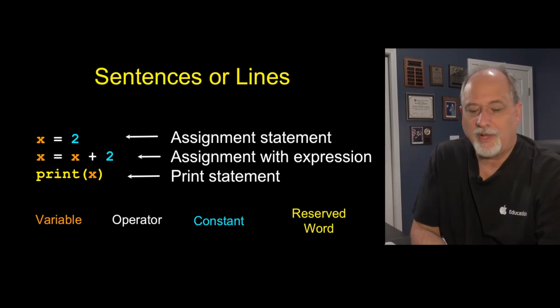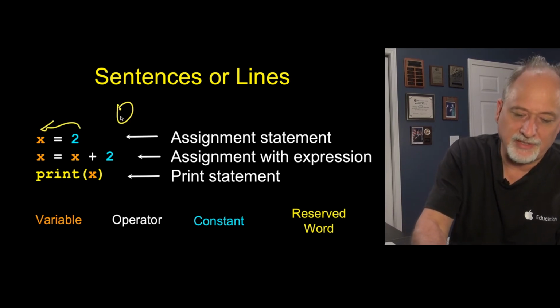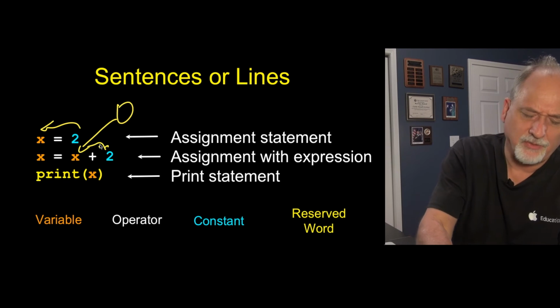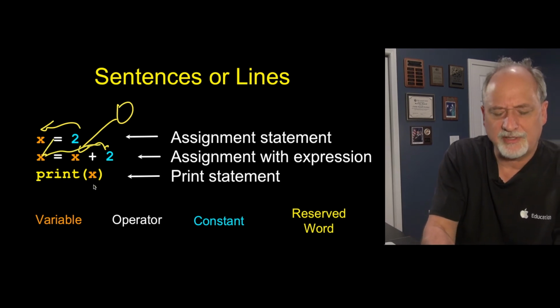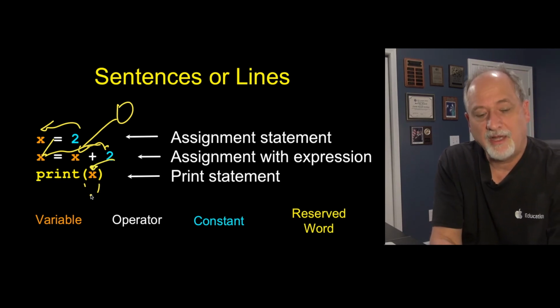And so here we have a sentence, like we've already done some of these things, where we set x equals 2, we retrieve the old value of x and add 2 to it, so that becomes 4, and then we print 4 out. Print is a function that's built in, and we pass in whatever we want to print out. So this parenthesis is part of a function call.